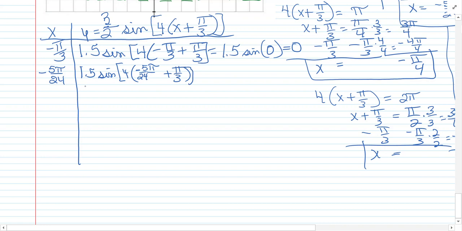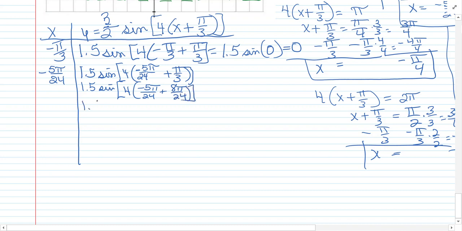Now I'm going to work underneath; 24 is our common denominator, negative 5 pi over 24 plus 8 pi over 24.